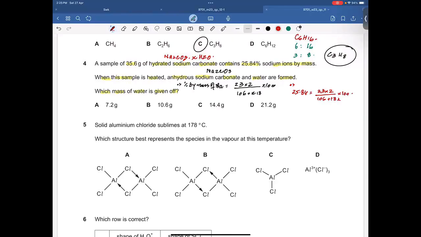So in the next step, we can find the value of x. So 106 plus 18x equals 23 times 2 times 100 divided by 25.84. Oh, so from here, the value of x is going to be 4. All right. So the value of x is going to be 4.